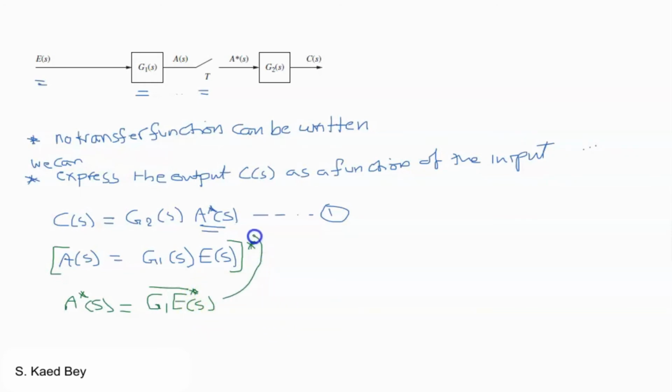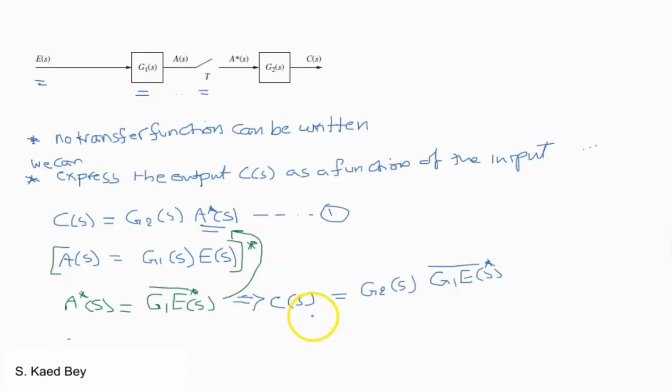Now substituting that information up in equation number 1, we get C of S equals G2 of S multiplied by G1 E of S. Again, we are interested in the C star of S to find that relation between the output and the input.